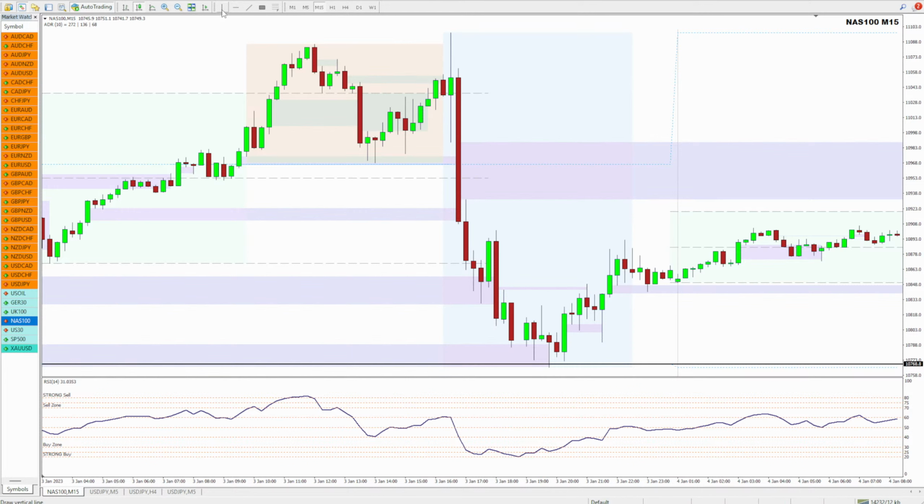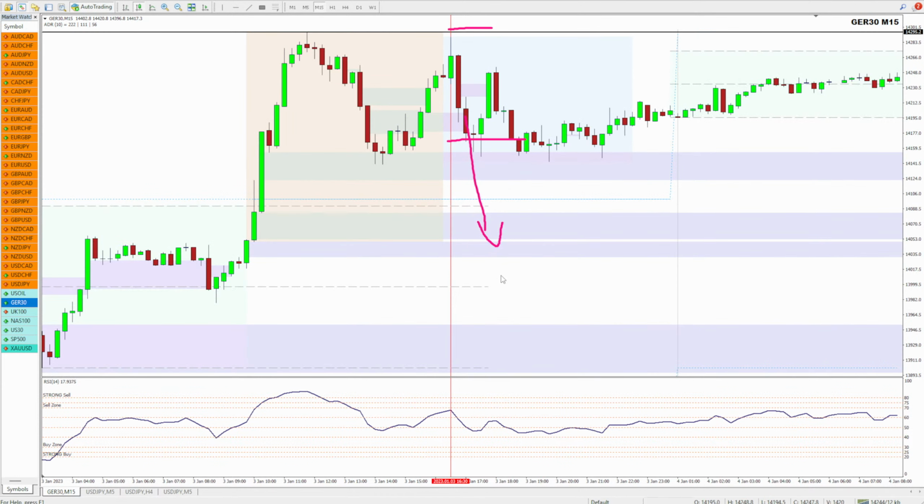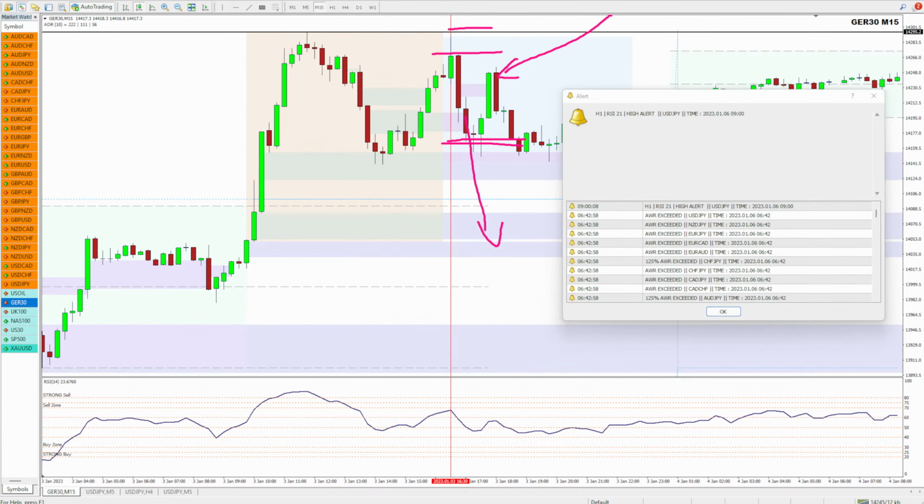So this is a better example. There's your open. There's your opening 15-minute range. There's your move. And then if you look at the DAX, very little on the DAX because it's the New York stock market open, not the Frankfurt European open. So you're better off from a volatility and a movement perspective.